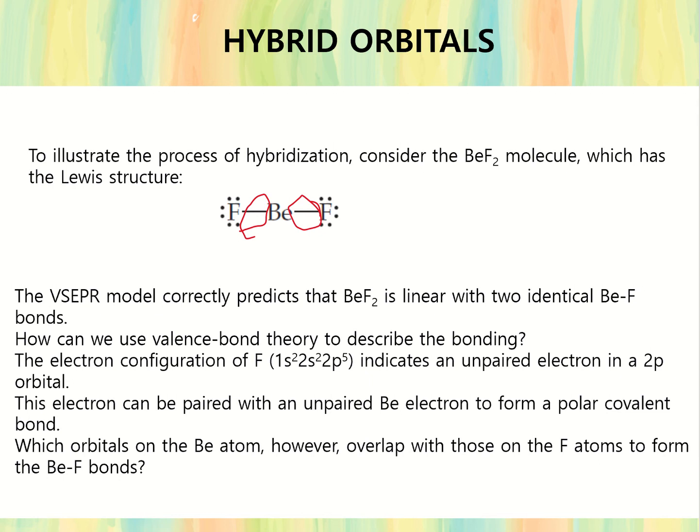This electron can be paired with an unpaired beryllium electron to form a polar covalent bond. So the question is, which orbitals on the beryllium atom overlap with those of the fluorine atoms to form these linear bonds that we refer to?